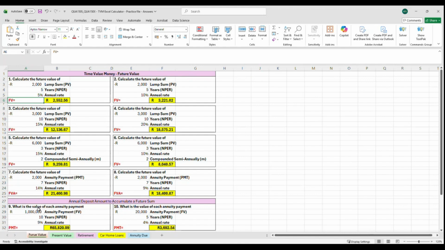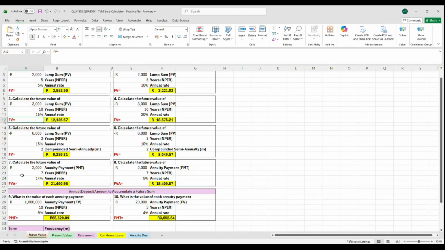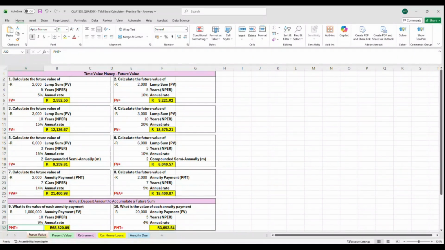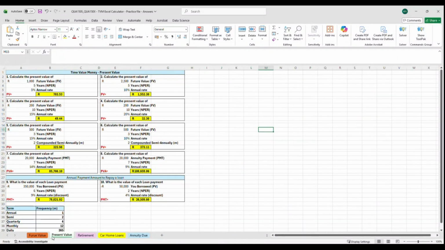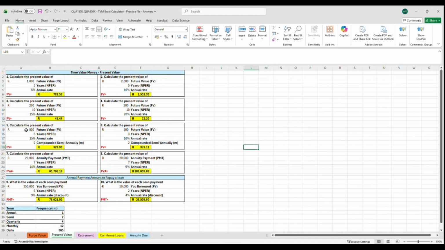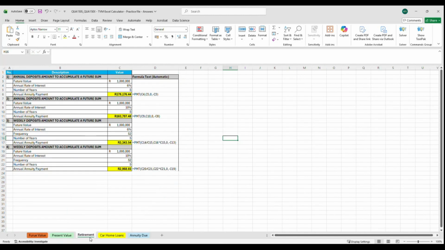So in this tab, we are mainly focusing on future value, so wherever there's FV, and then this one is PMT, which is payment. And then in the other file, we calculate present value, which is PV. All of these have the Excel function or formula, which I'll go through, and then all of these tabs.